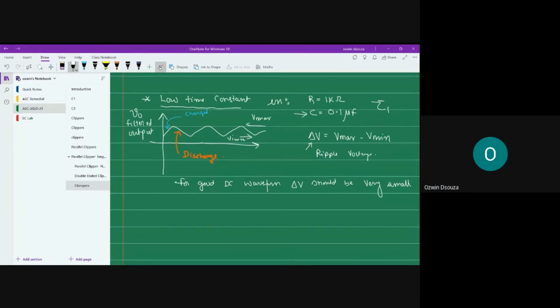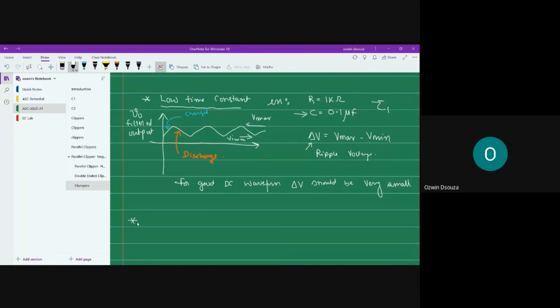If delta V is very small, we call it a very good filtered DC. If delta V is very large, then we would say the rectification is not good and there's too much ripple in the output. So you have understood now that a lower time constant can give you unwanted fluctuations in the DC waveform. That is called the ripple voltage.